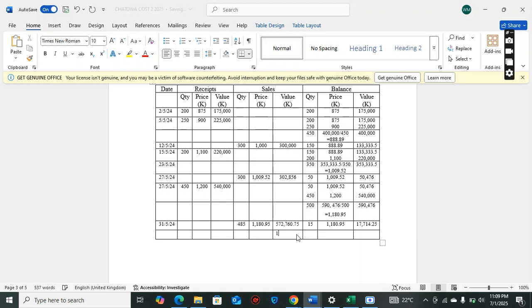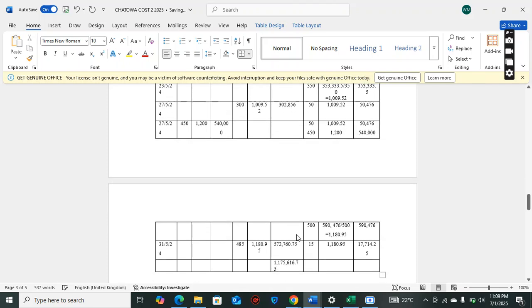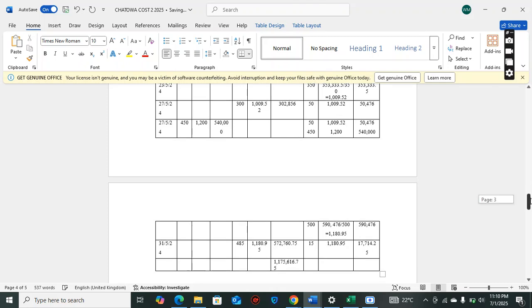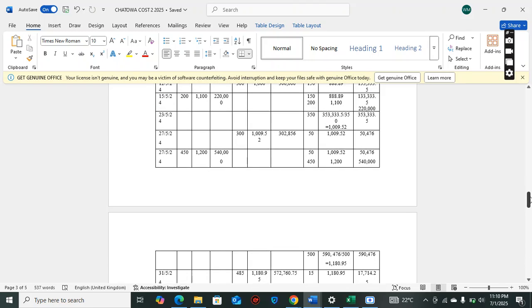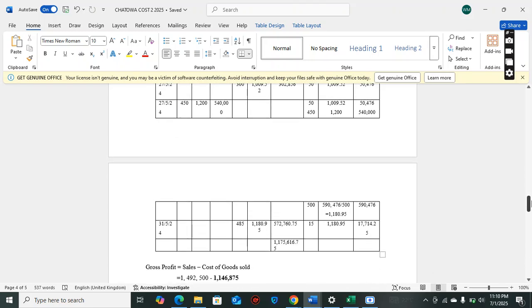Are we getting 1,175,616.75? Are we all getting that value? 1,175,616.75.